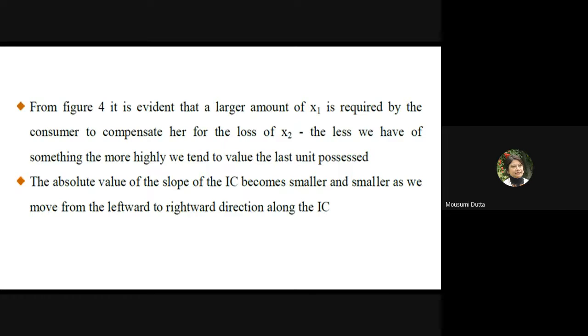Now, if I consider simply a convex curve, it can be a linear one or it can be a curve having a linear segment. That is, if the curve cuts the two axes, then a part of the axis will also come as part of the indifference curve. So it will come like this.